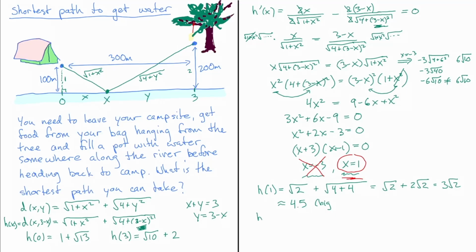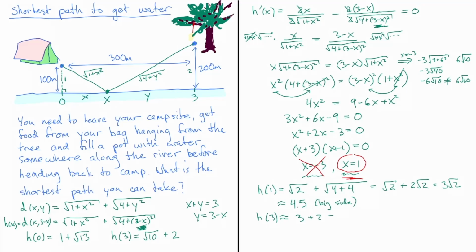And then h of 3 is the easier one here. H of 3, the square root of 10 is slightly bigger than 3. So this is on the big side here. So the square root of 10 is slightly bigger than 3, so I'm going to make it smaller and call it 3.